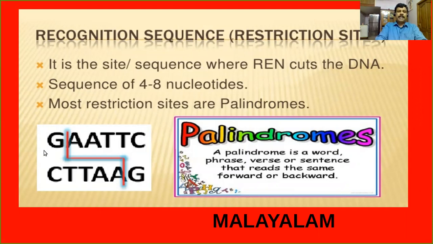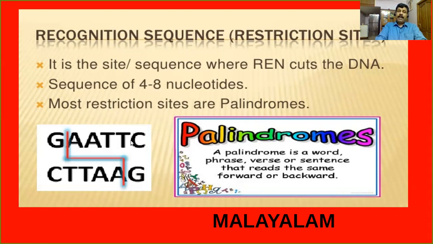Look, this is the restriction site of a particular restriction enzyme called EcoR1. Such a recognition sequence always has 4 to 8 nucleotides. Your NCERT book says 6 to 8 nucleotides. Here you can see 6 nucleotides are there: G, A, A, T, T, C.